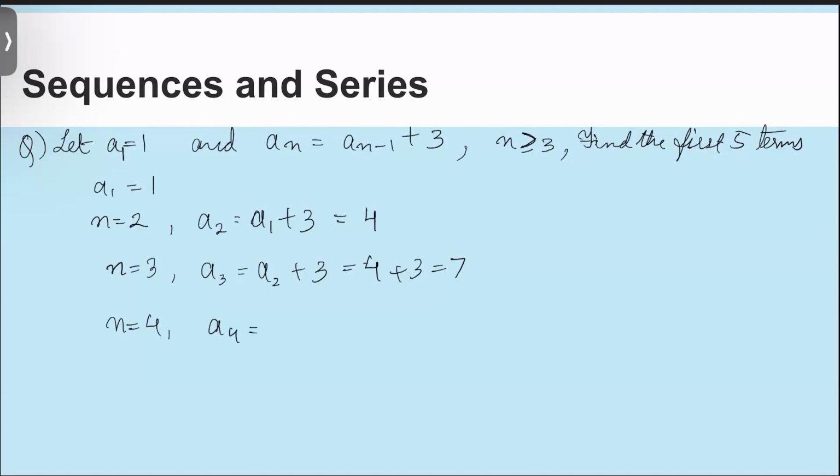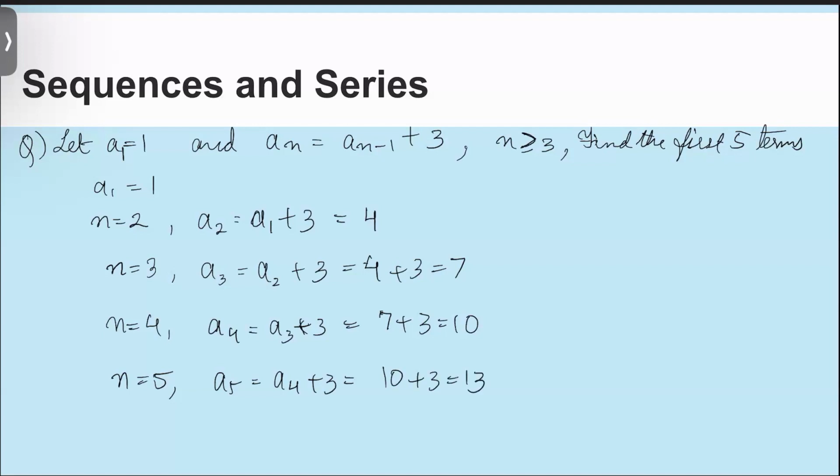A4 is equal to A3 plus 3, which is 7 plus 3 equal to 10. N is equal to 5. So A5 is equal to A4 plus 3. So we have 10 plus 3 equal to 13.